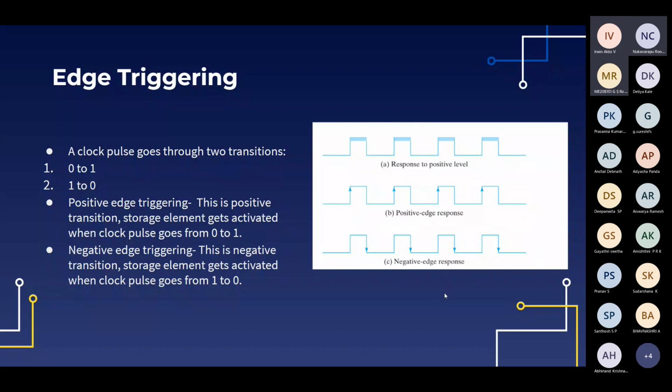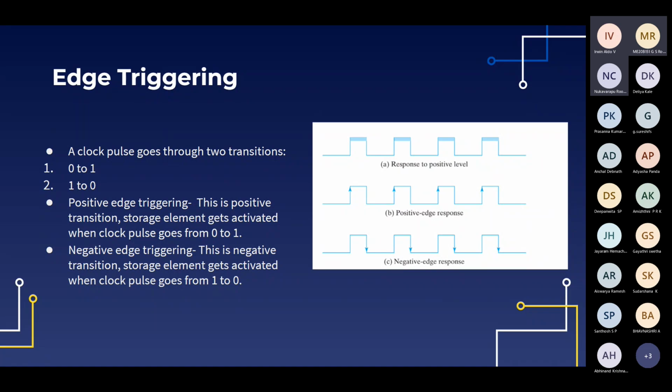I have a question. We said that in positive edge triggering, when the signal is going from 0 to 1, the data gets transferred, right? Like the storage element gets accessed. For how long will the storage element be activated? It's not exactly the storage element being activated.